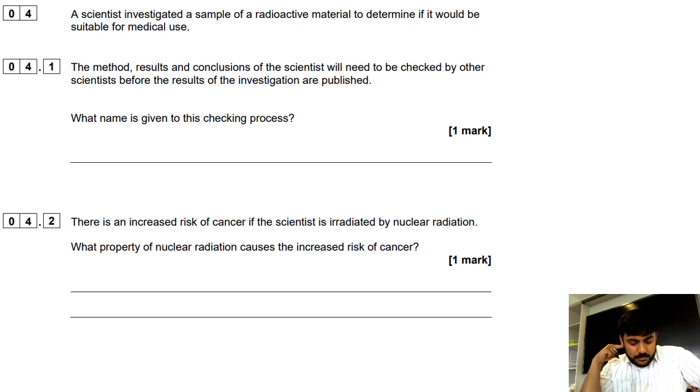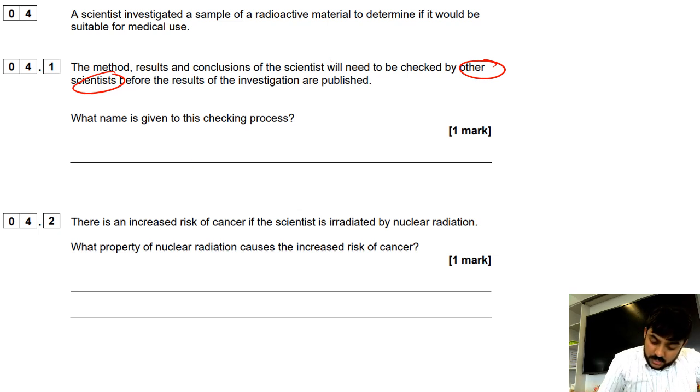What is the name given to the checking process where other scientists check one scientist's work? All these scientists are peers and they're reviewing each other's work, so it's called peer review.